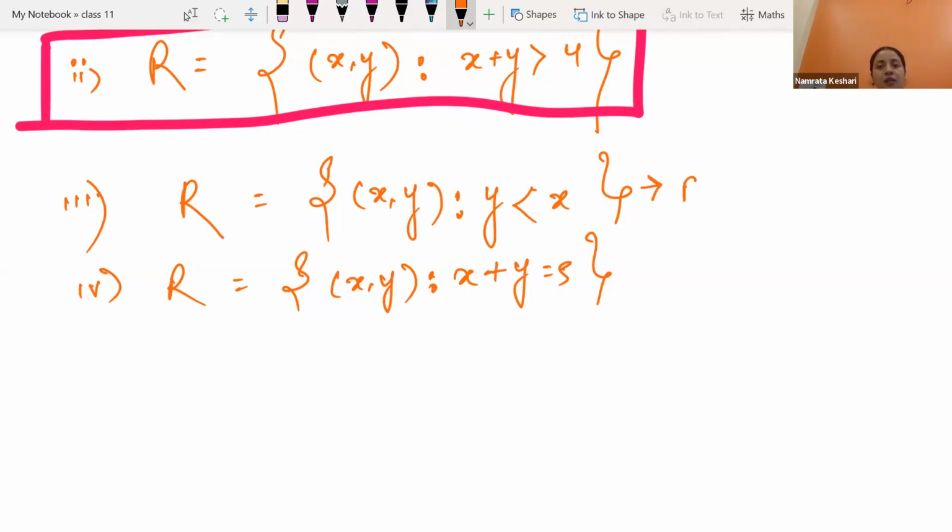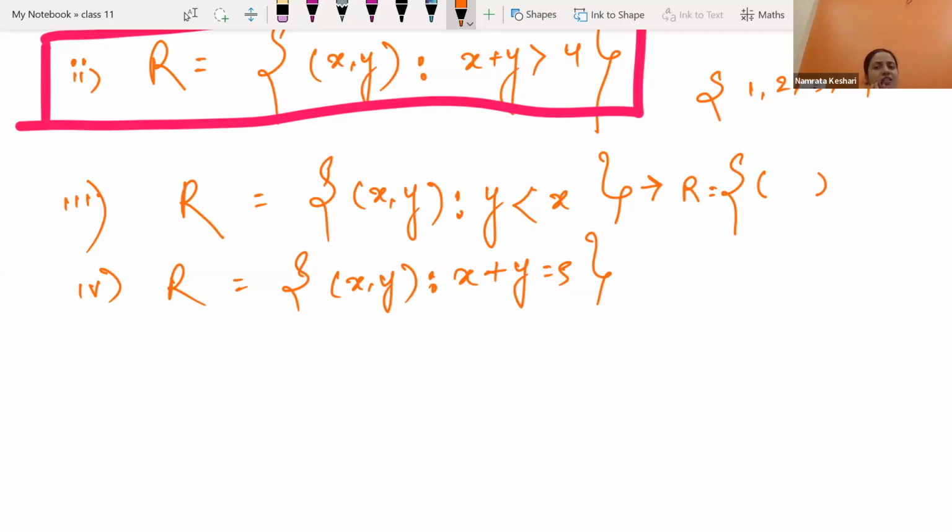R, we will be taking all ordered pairs x comma y, where y is smaller than x. Your original set is 1 2 3 4. From here only you are supposed to take your x, and from here only you are supposed to take your y. So we have to take all those ordered pairs where y is smaller than x.